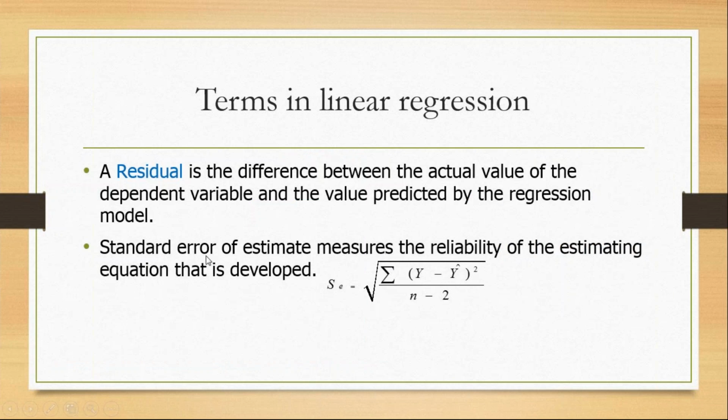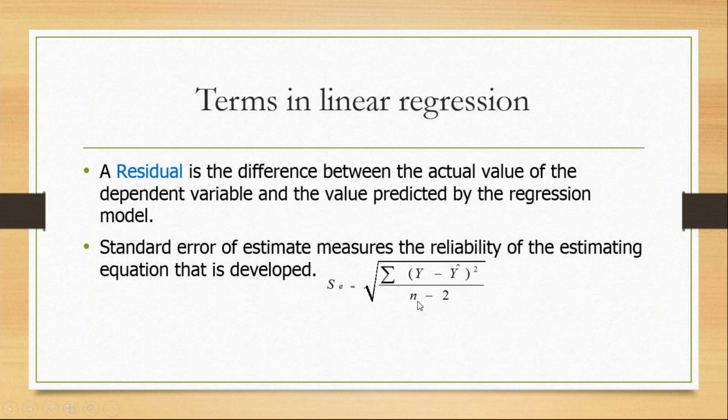So this is the standard error estimate. This comes into the picture when I have a variable, and let's suppose I'm working with simple linear regression. Let me take that example, and I have my actual and my predicted value.